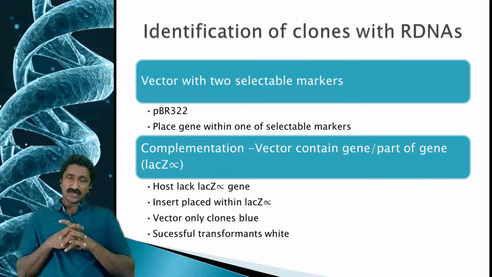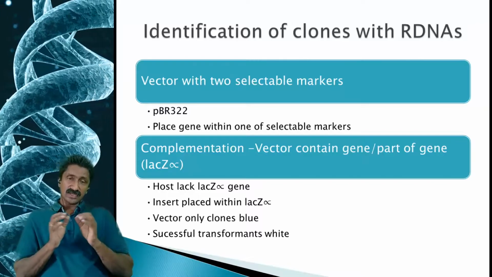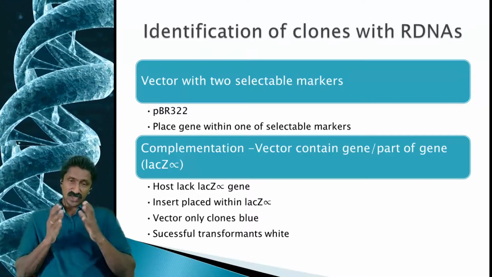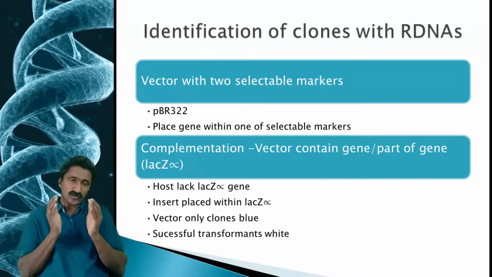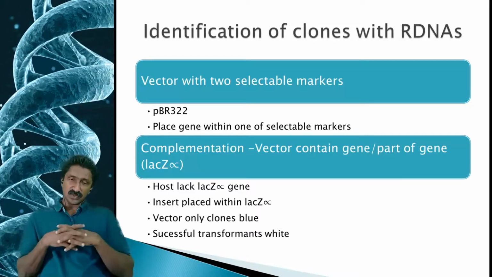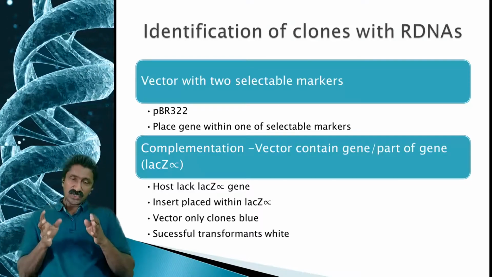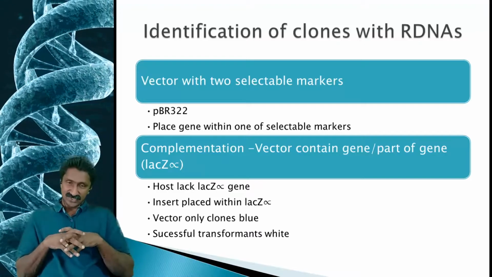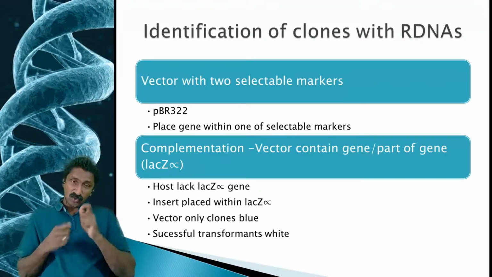In this case the host cell lacks the alpha portion of the lacZ gene. So the original host cell cannot express the lacZ gene. So that needs to be complemented by the vector.